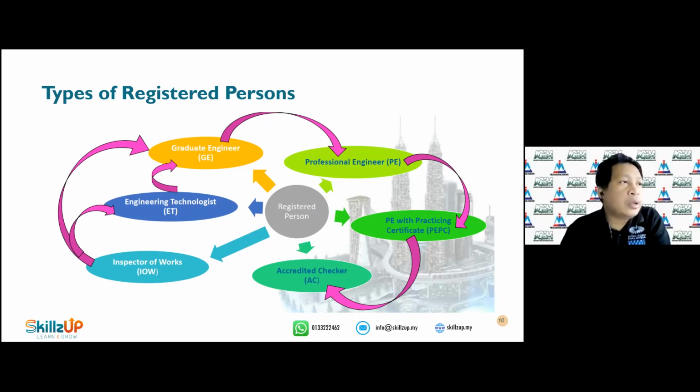To go back to the individual registered persons, you have many. The first thing, when you graduate from the university with an engineering background, is that you need to register with the Board of Engineers to become a qualified engineer.